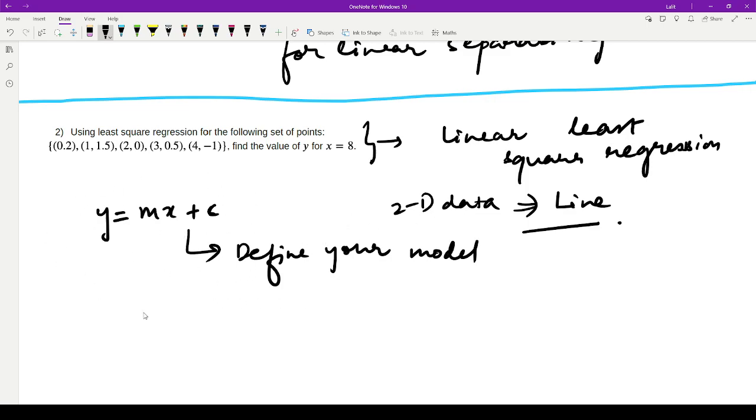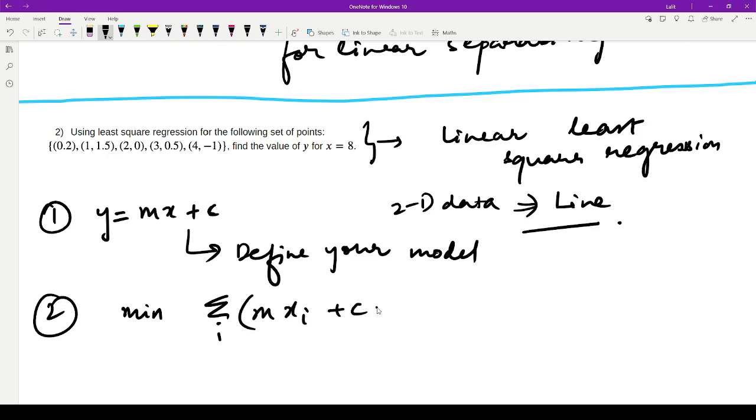So once you define your model, then define the cost. This is step one. What is your cost? Your cost is minimizing over some quantity, which is what? This (m xi plus c minus yi) whole square.